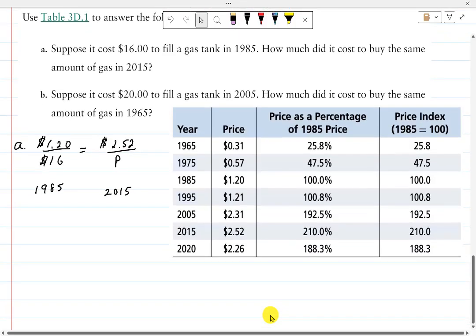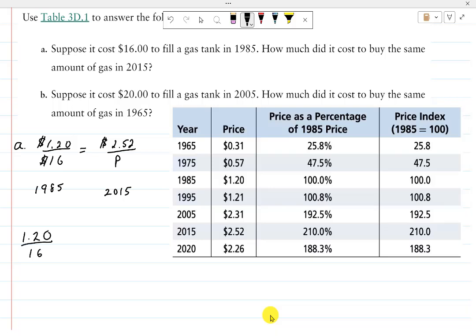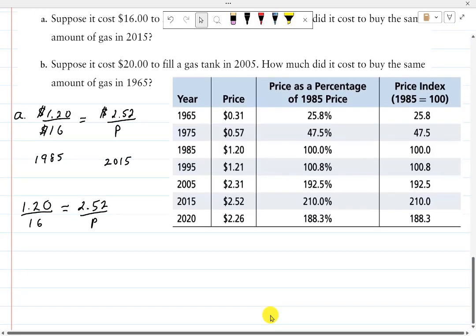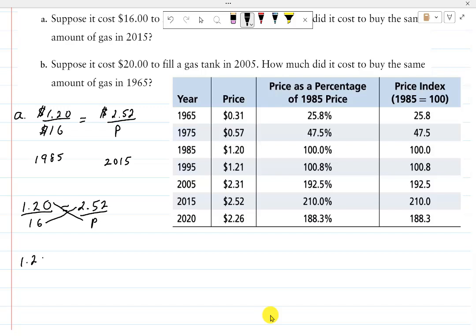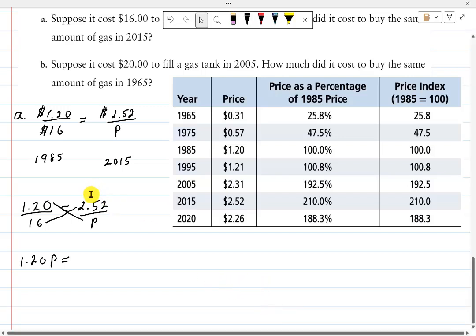Once again, I'm going to drop all the dollar signs, and I'm just going to write the equation without all that. And to solve for P, you cross multiply. The other side, I need to do 2.52 times 16.